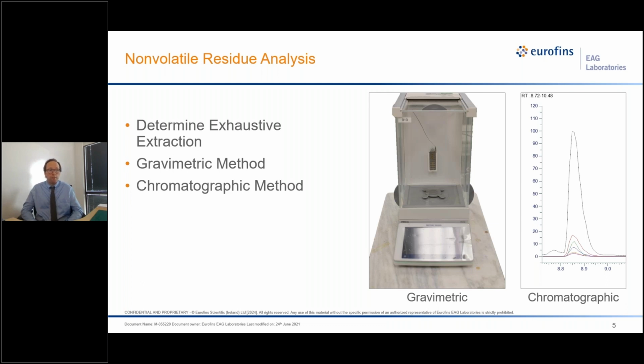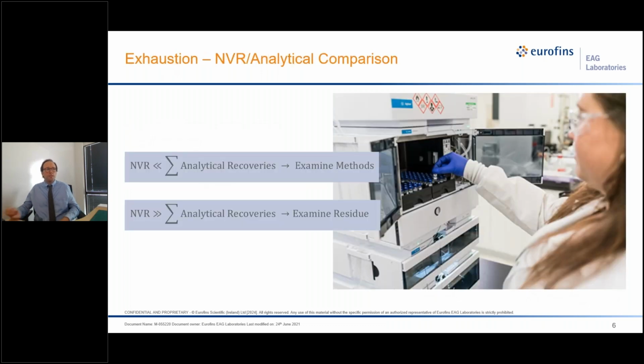So if we do have gravimetric data, though, we do like to compare the gravimetric NVR results to the chromatographic results, regardless of if we're demonstrating exhaustion by the gravimetric method. So this exhaustion to NVR analytical comparison is requested by agencies, and there's two fringe cases, right?